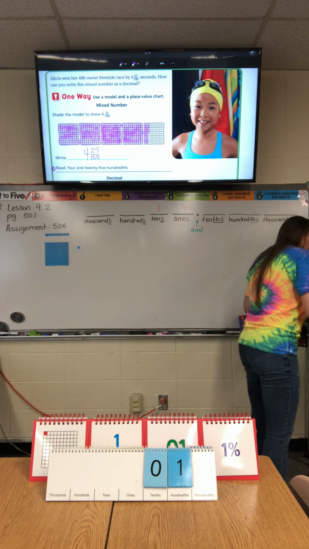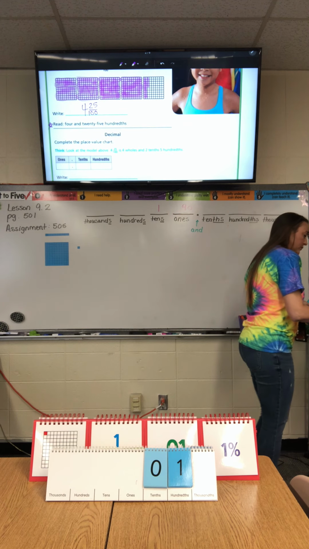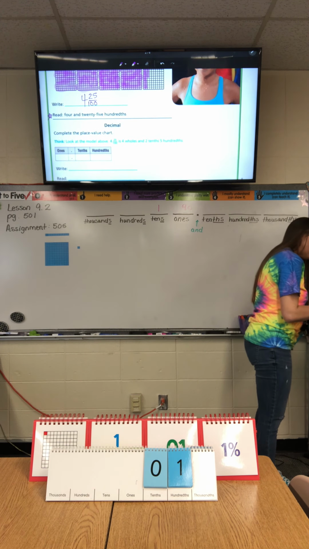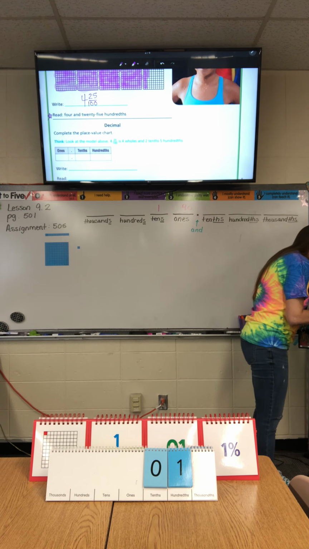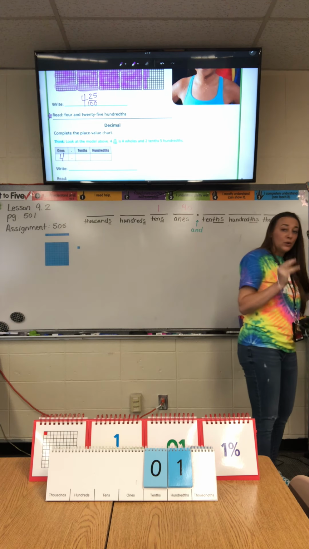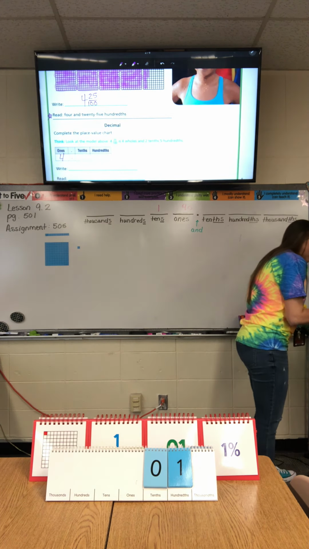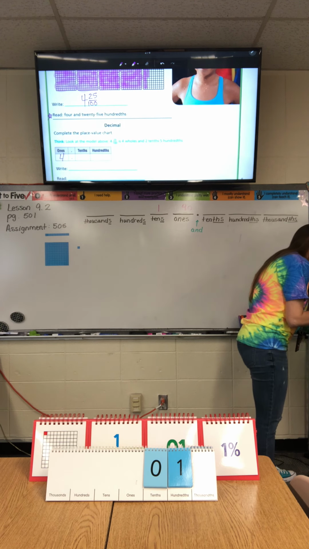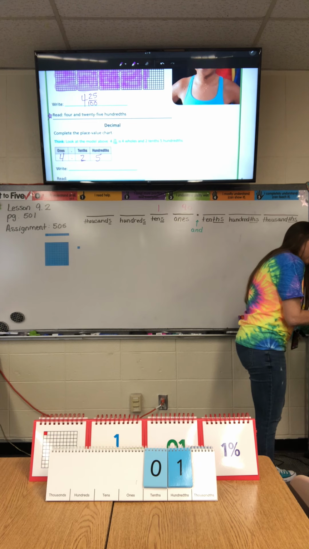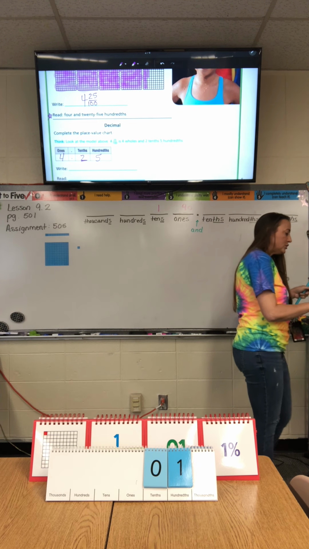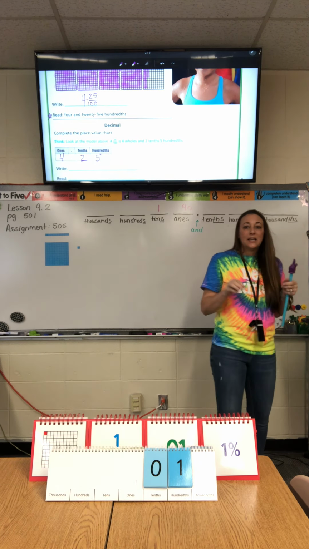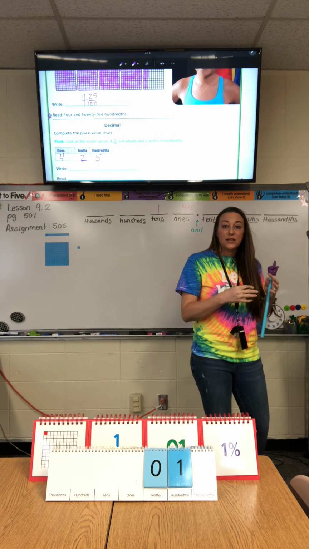Okay. For a decimal, we're going to put a 4 in the ones place, because 4 whole seconds. And then 25 is made up of 2 tenths and then 5 hundredths.